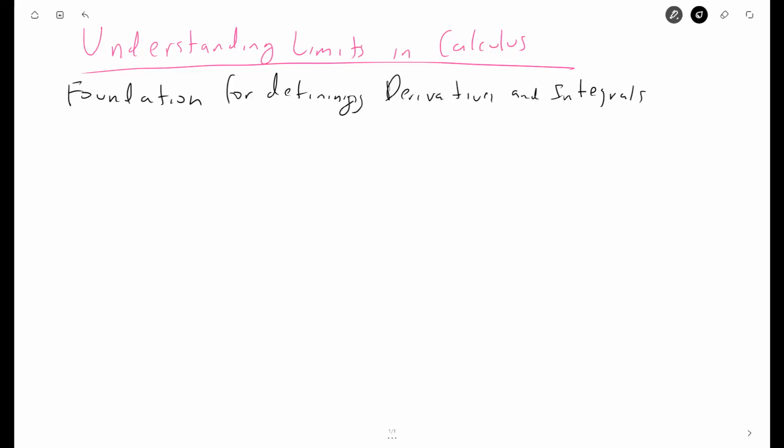Understanding limits is crucial for delving deeper into calculus and exploring the behavior of functions as they approach specific points or infinities.